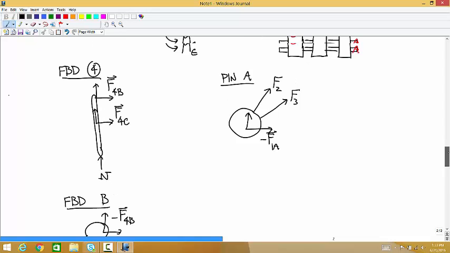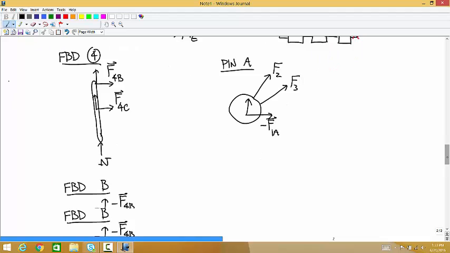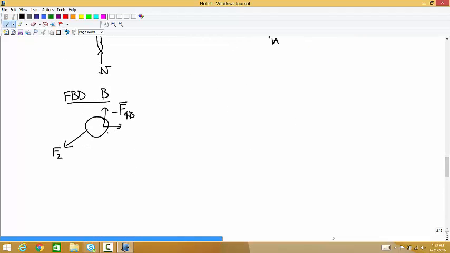That has to be the same as this F2. And we have the 5,000 Newton force. And then the last one, the free body diagram at C. We have the force vector on C by 4. That's negative F4C. And then we have the force in the known direction, F3.